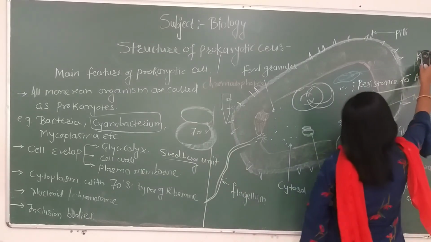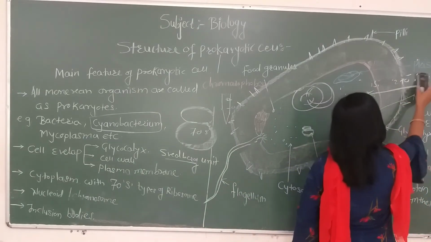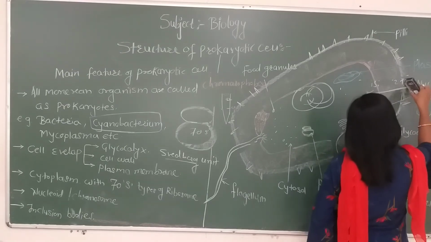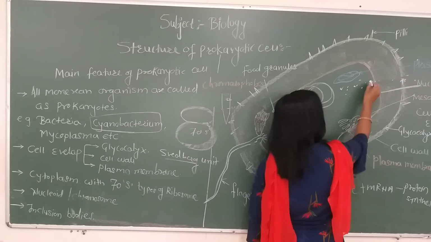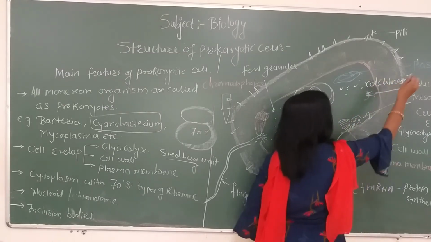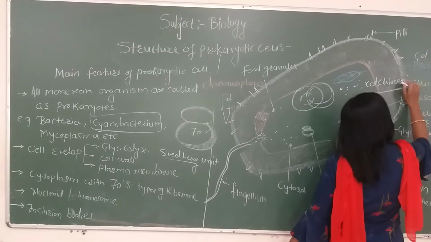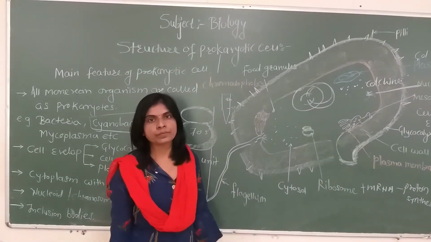If this plasmid DNA expresses in the bacterial cytoplasm, even though it is extra chromosomal, and synthesizes the colchicine substance, then it is called a whole plasmid.